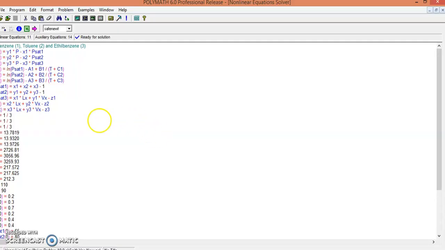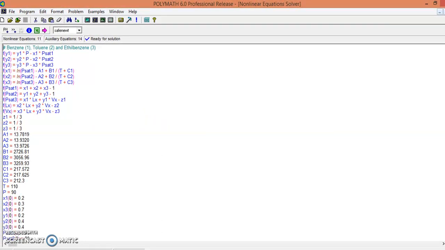This is the Polymath screen, where we have the three equations for Raoult's law, the three Antoine equations, the global molar balances, and the two conditions that we need to satisfy.